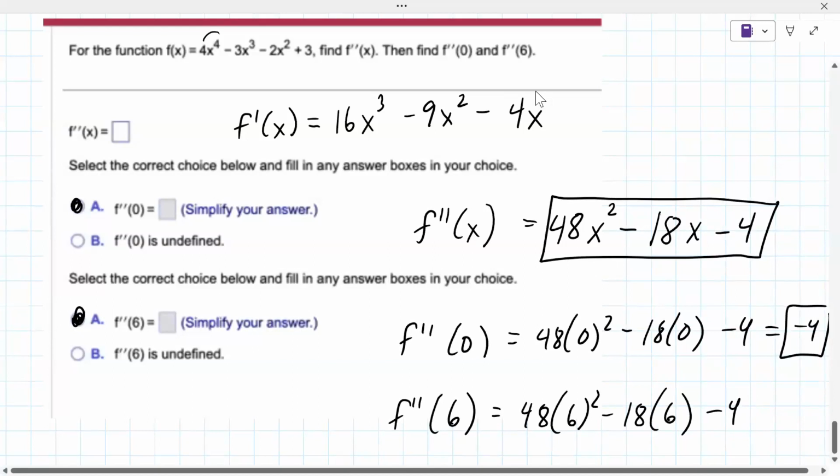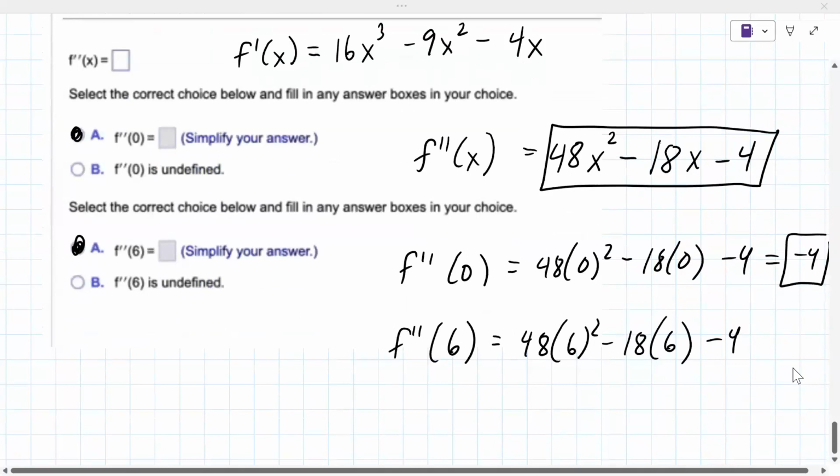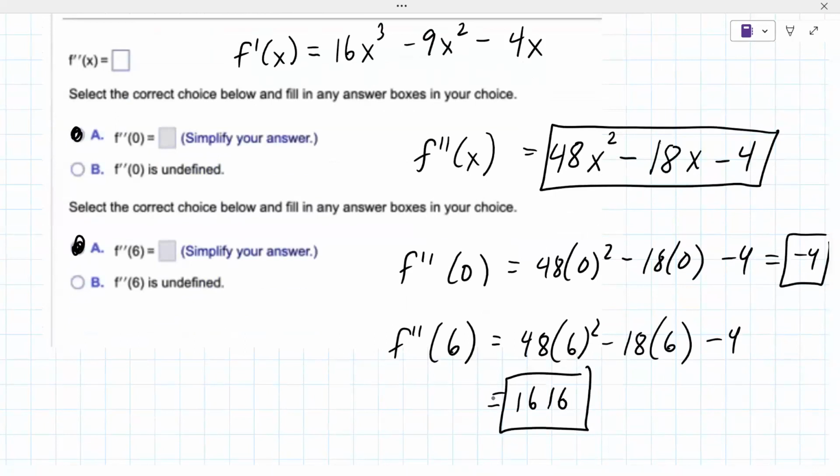I'm going to go over to the Desmos scientific calculator and calculate that. All right, so it's pretty large here. It's 1,616. Welcome to double check those.